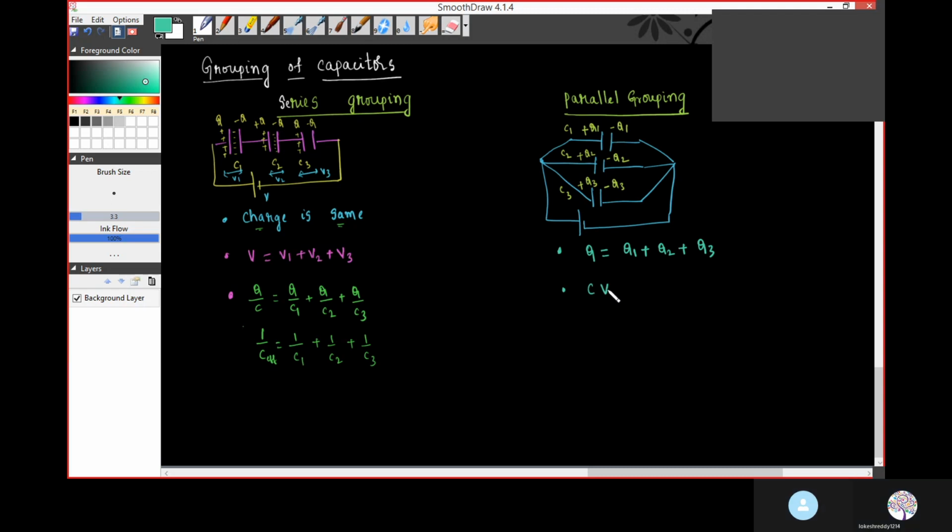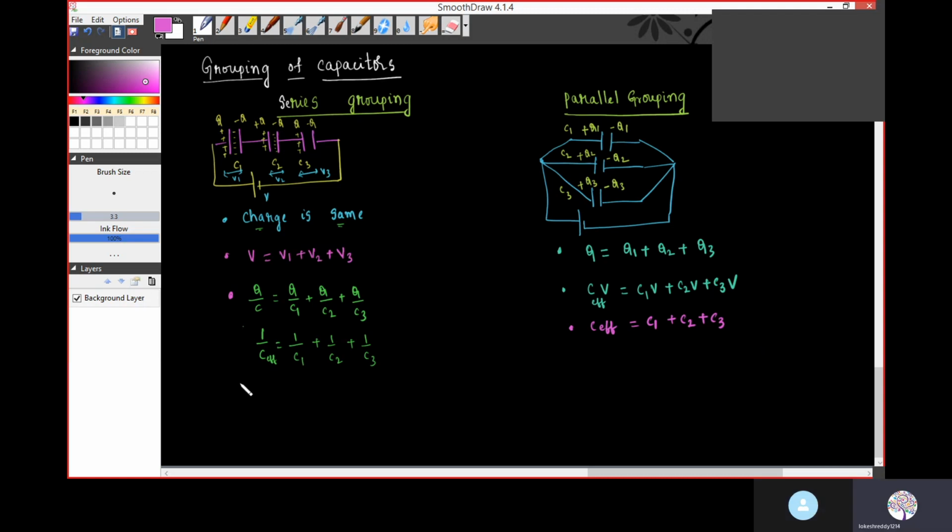So C effective into V, where Q is the total charge, is equal to C1V plus C2V plus C3V. So C effective is equal to C1 plus C2 plus C3, and so on, plus Cn if more are there.